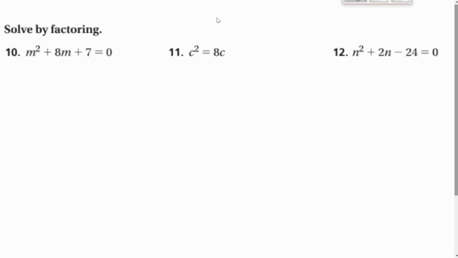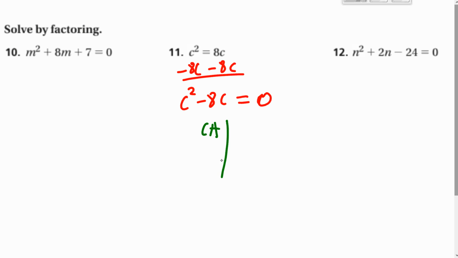Okay, solve by factoring. So big thing here is it needs to be set equal to 0. So move this one over to both sides. And you can't subtract those because that's a c squared and that's just a c. So you get c squared minus 8c equals 0. And then you can factor this. Here we don't have a c term, so you could still do CAB, but you don't really have to.